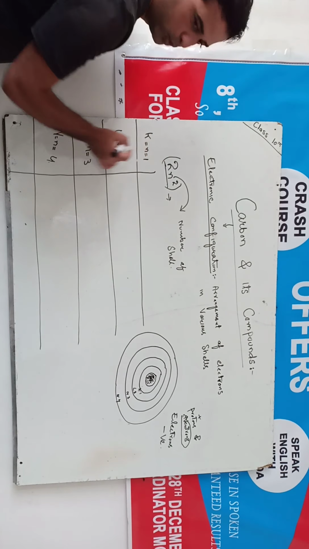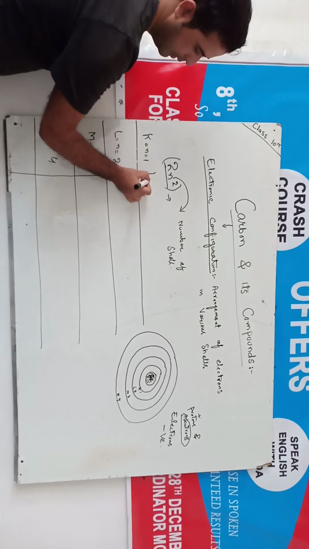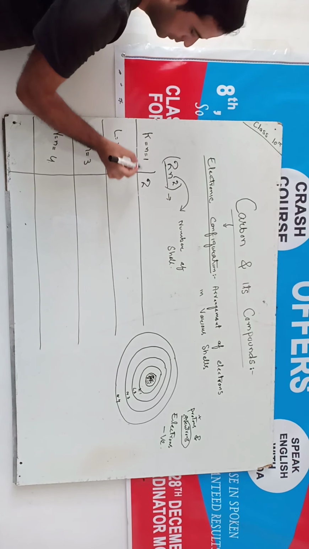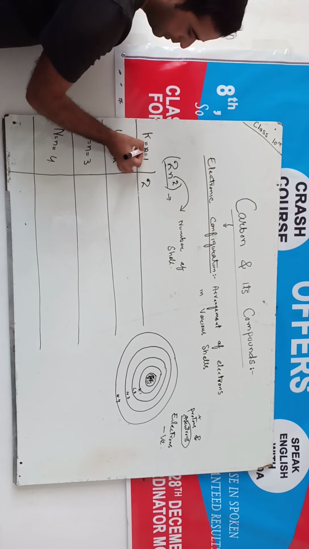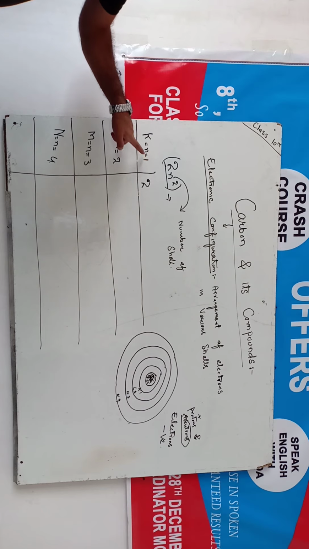Now, we will apply the 2n square rule to the K shell. Here 2n square, in the place of n, we will put its value.